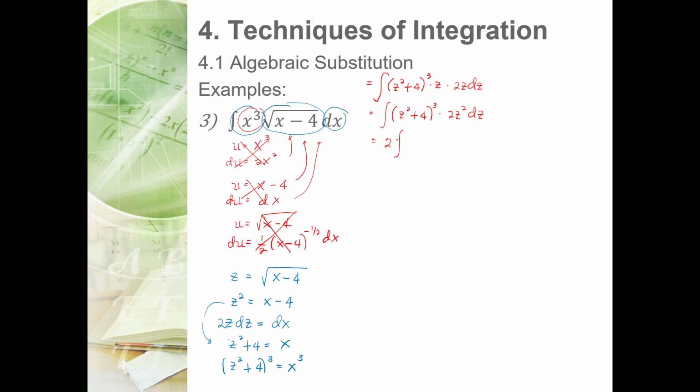Okay, so if we try to simplify it further, we have z squared plus 4 cubed, then z squared dz. I factored out the constant outside. Notice that we can expand this one and then distribute z squared to each term inside the expression.